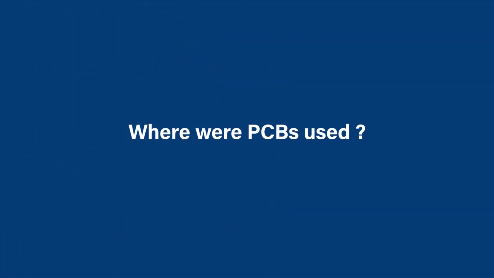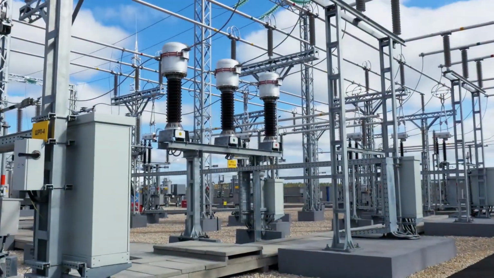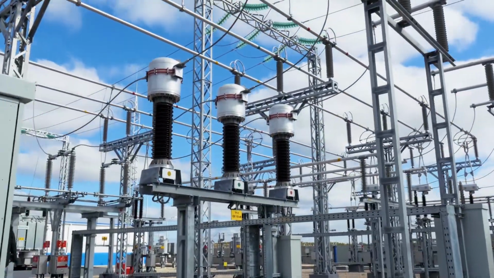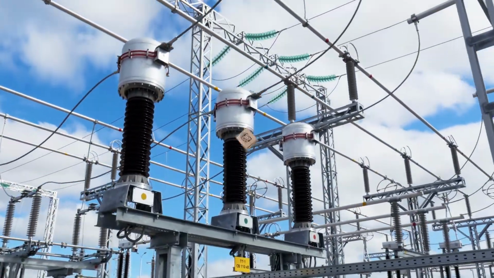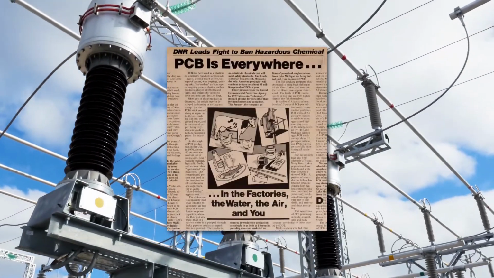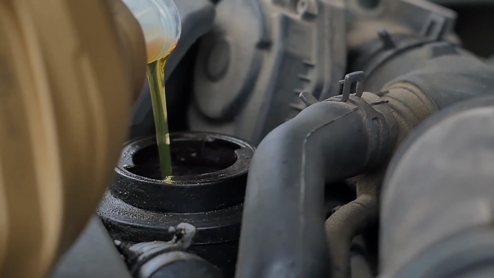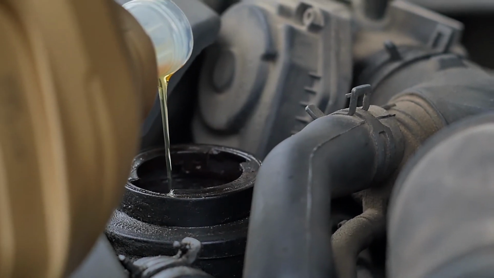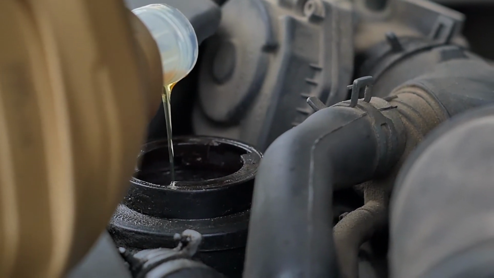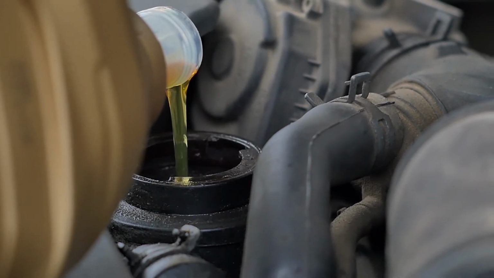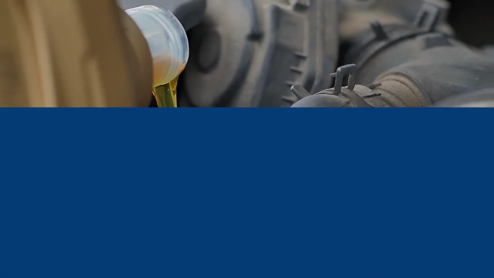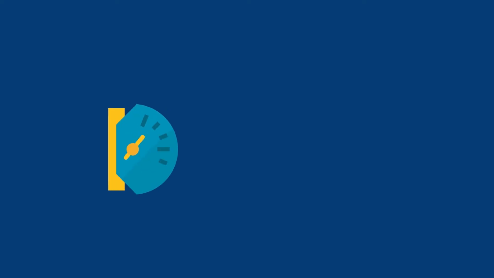Where were PCBs used? PCBs have been employed in a variety of applications, and many items of equipment containing PCB liquids and articles made from mixtures including PCBs are still in use today. The wide range of applications is based on the practical properties and characteristics of PCBs, such as their thermal and chemical stability.